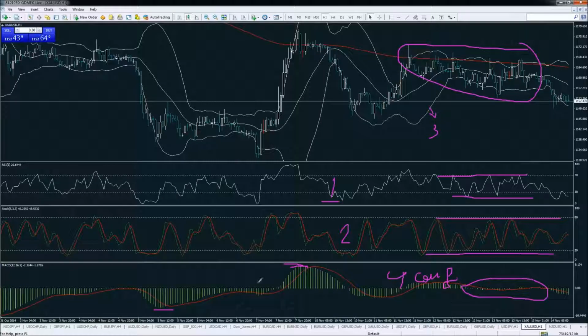Now, if we have a sideways range, such as this one here, once the price stays within oversold conditions of the relative strength, we have a crossover of the MACD 9-day plus the signal moving average.